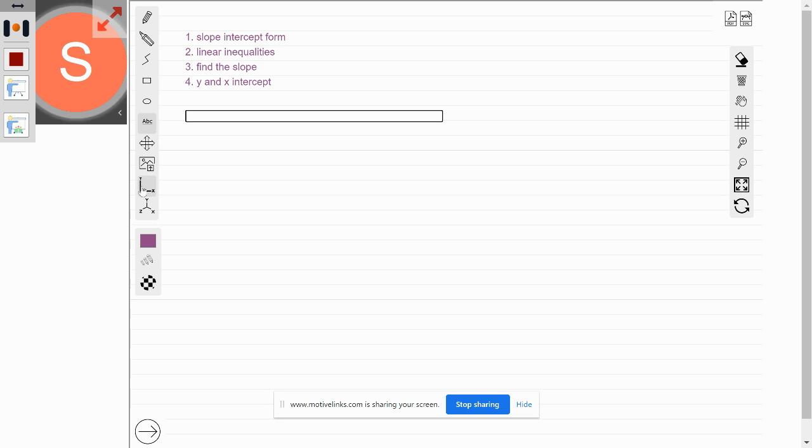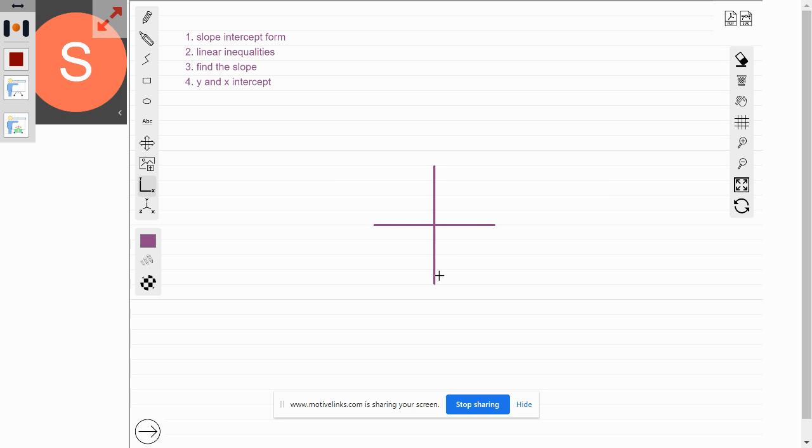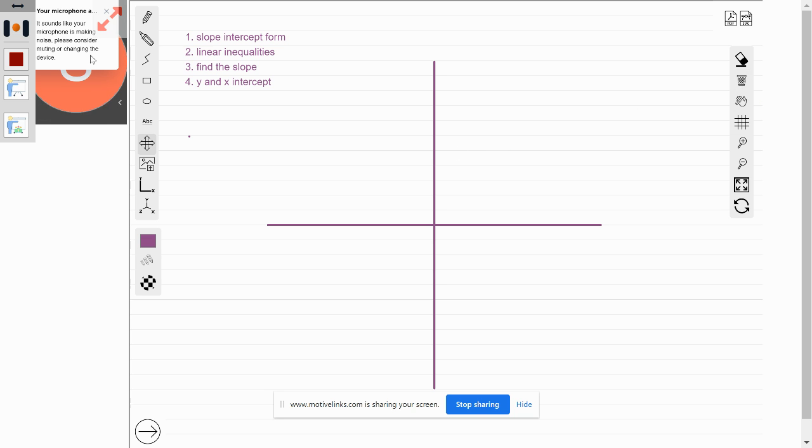So first, let's start off with x and y. So first we're gonna focus on what slope and y-intercept are.